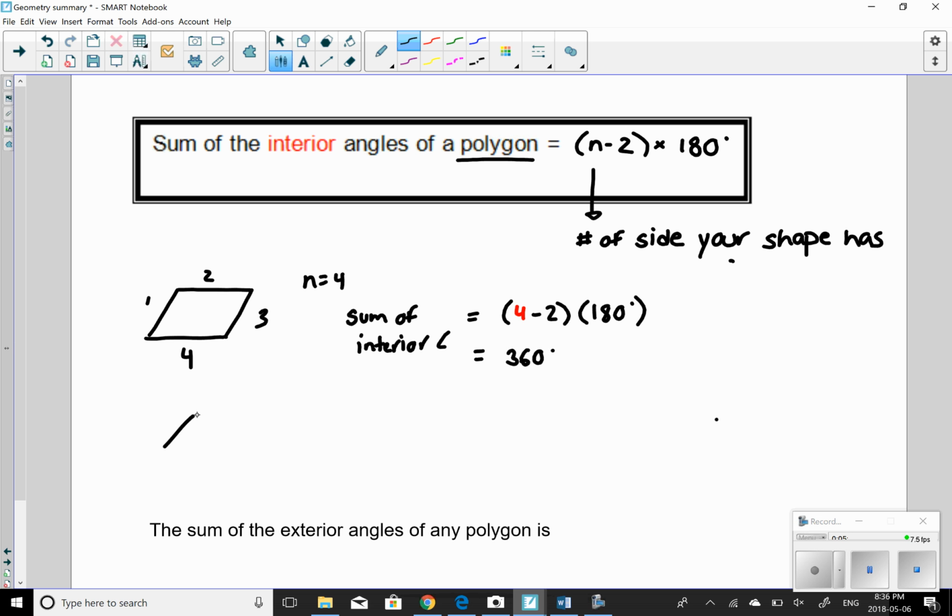I can do a 5-sided one. A little irregular here. That's 1, 2, 3, 4, 5 sides. Same idea, sum of the interior.